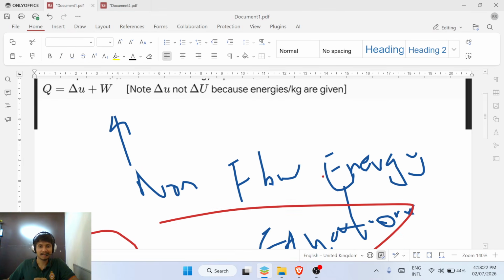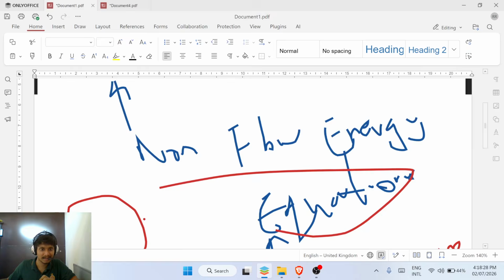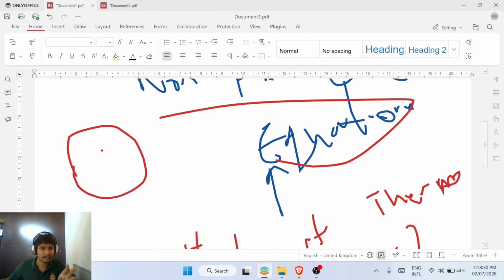I think here, in the non-flow energy equation, if this is a system, for example, there is petrol or diesel or any liquid or gas inside this system, it will not flow. It will be at rest.